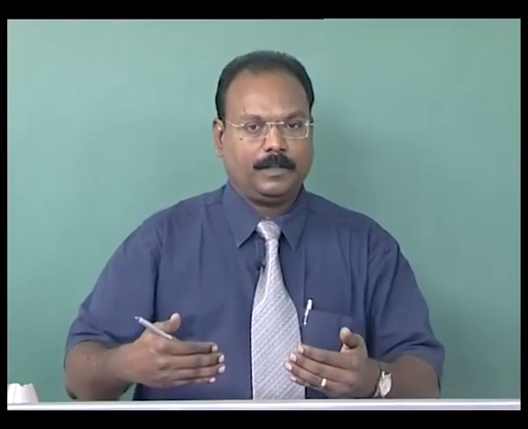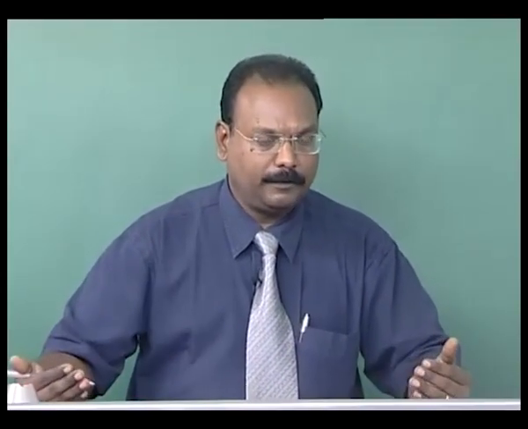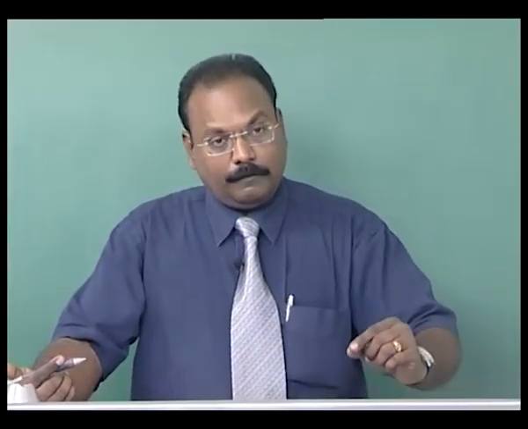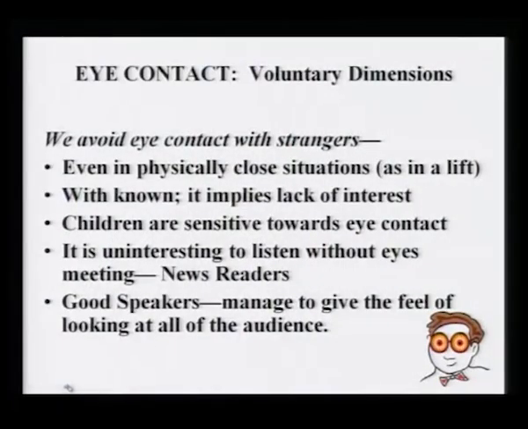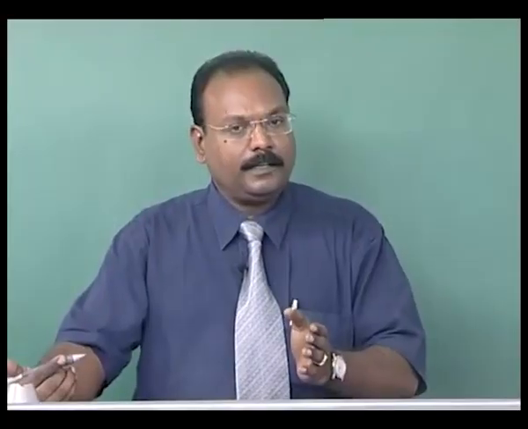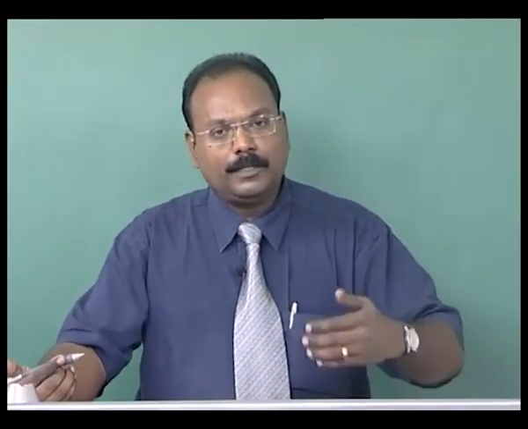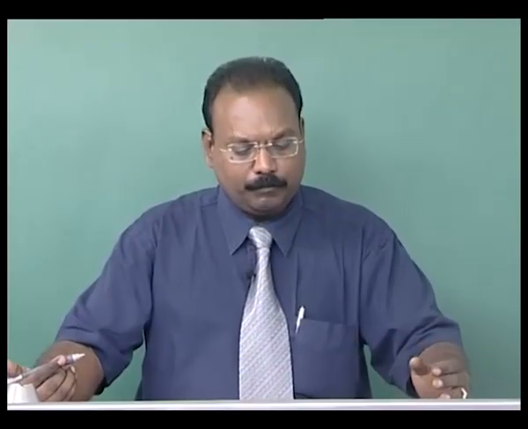Even then we tend to avoid that eye contact because the other person is a stranger. With a known person, if we avoid eye contact, it implies lack of interest. Somebody whom we like so much, but suddenly we stop maintaining eye contact, it means that we do not like something that the other person did, or we are losing interest in the other person.